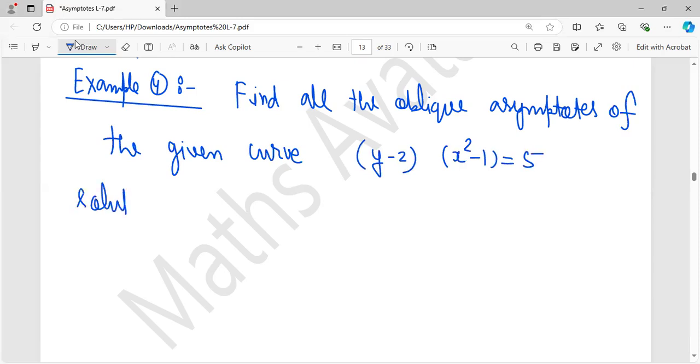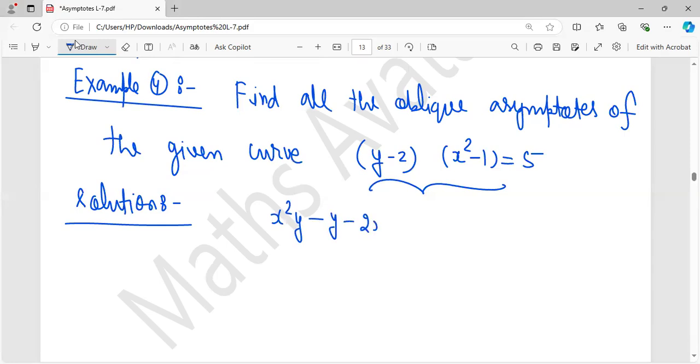Solution. Solve it. After solving it, what you will get? x square y minus y plus 2x square plus 2 is equal to 5. So bring 5 from the right to the left side.